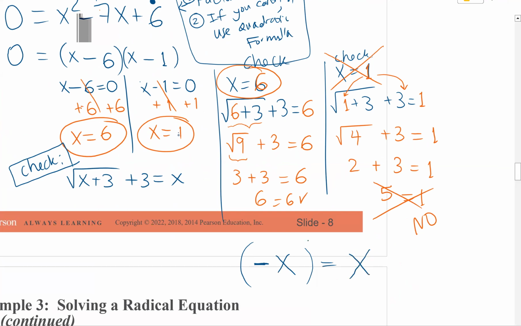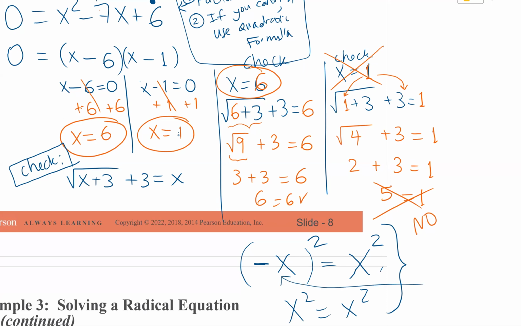But as soon as you raise both sides to the second power, now they're equal. So at the point where we raise both sides to the second power to get rid of the root, we invited more solutions that aren't really solutions.